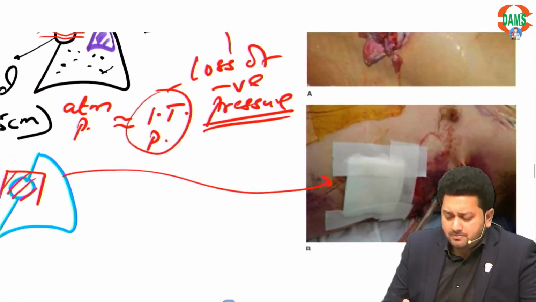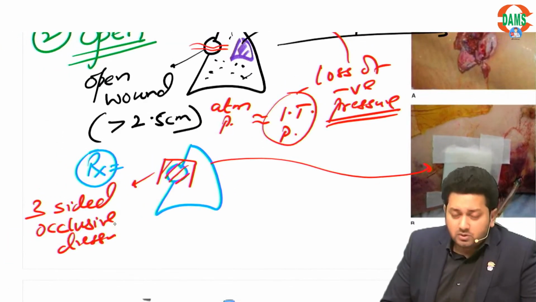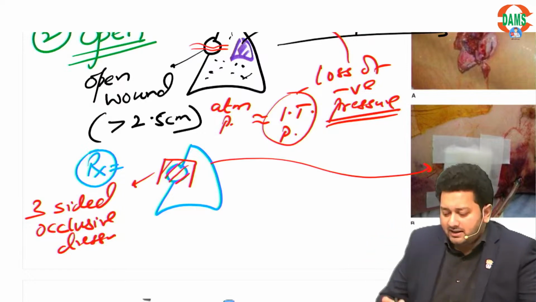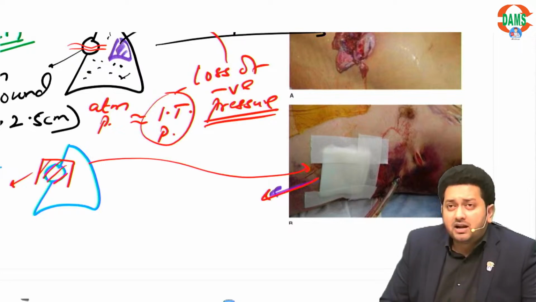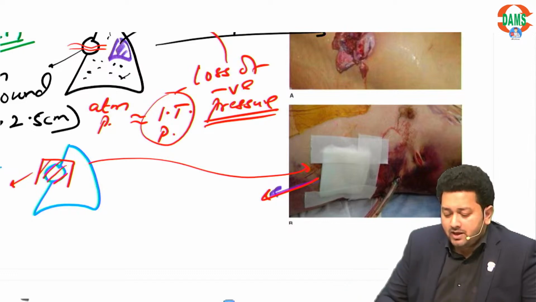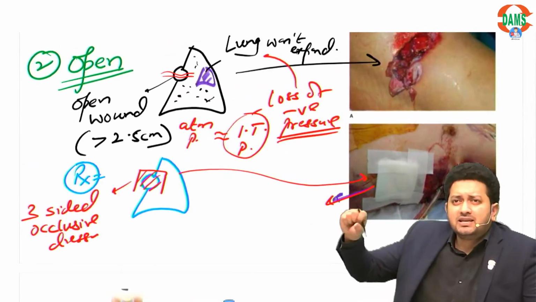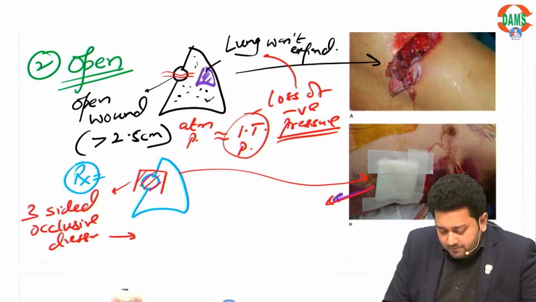One side you keep it open, and the moment you do this, now again the negative pressure will start building, the lung will expand, and this side you kept it open, so that now when the lung is expanding, it can start pushing the air from this side. In the meanwhile, you will prepare the things for the ICD, that underwater seal and everything, and then you will put the ICD.